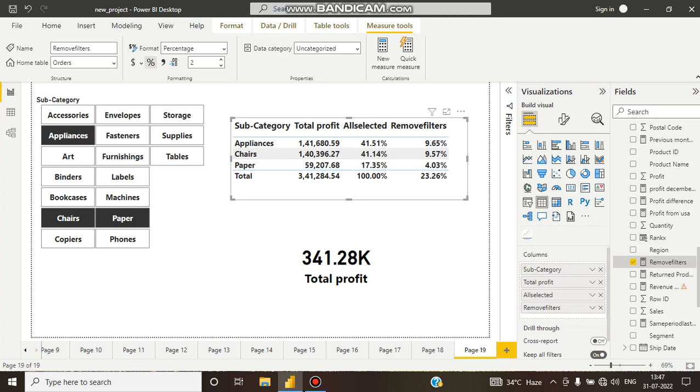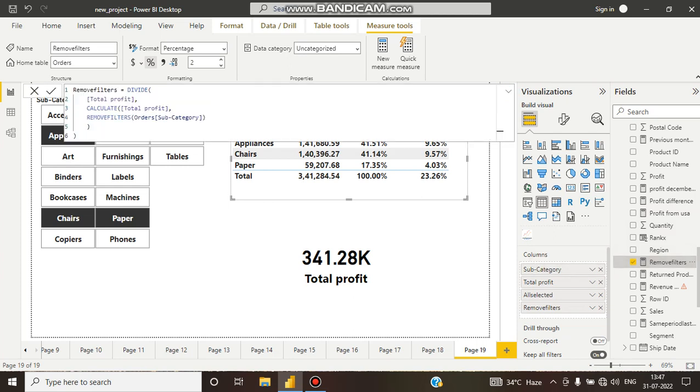And for ALLSELECTED, the 100% is among these three selected items. Okay, so this is the difference. And lastly, I just want to show the DAX.